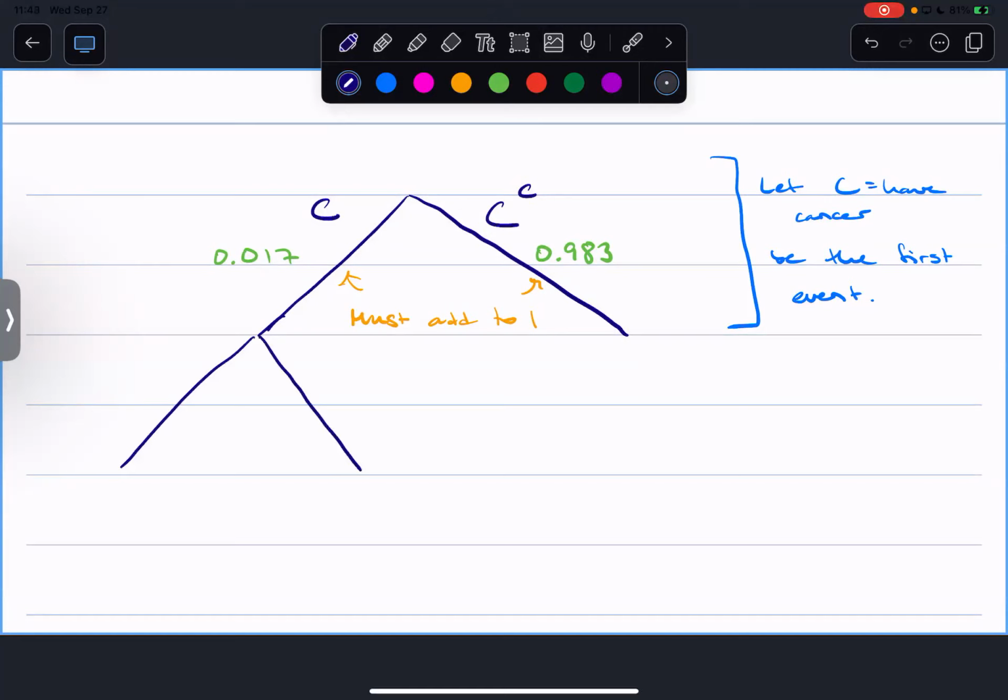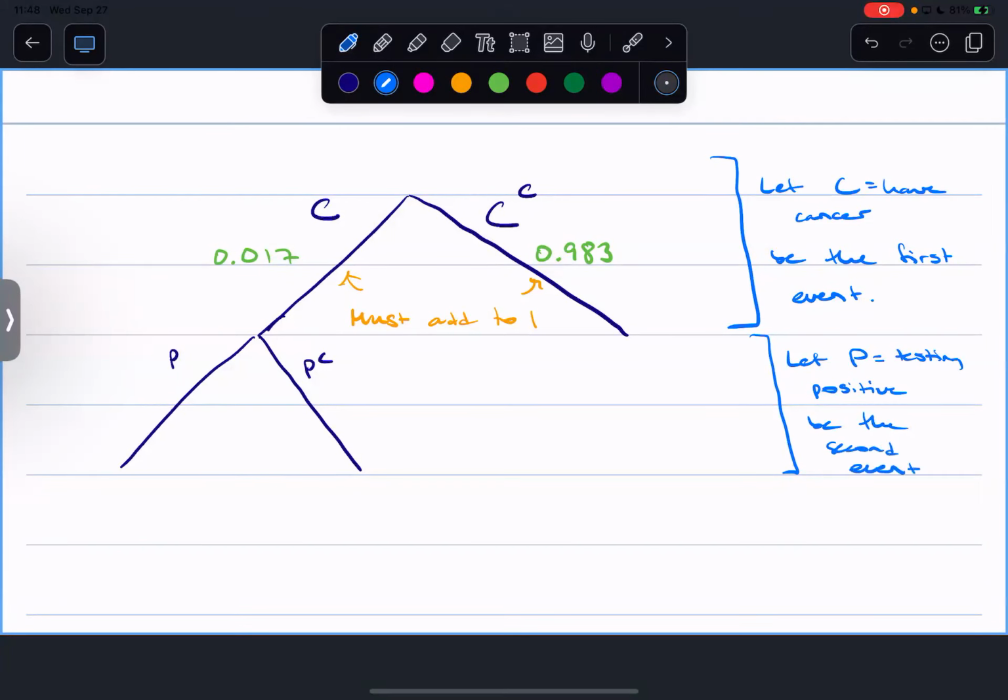You're either going to test positive or not. And so here, P or not P, and I'm going to let P be testing positive, the second event.